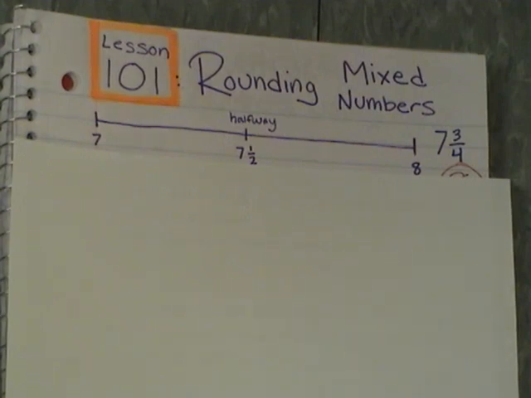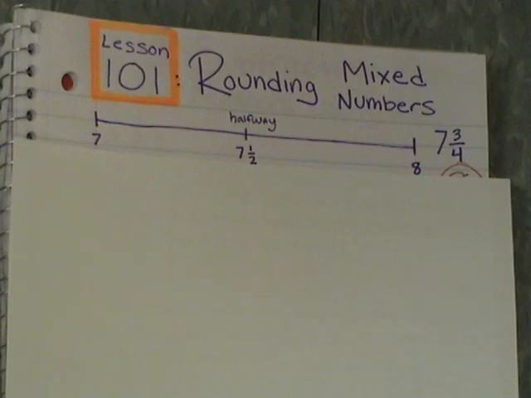The way you do this is you always look at the denominator of the fraction part. If I look at it, it's a 4. So I would need to split my 4 in half, which is 2. A fraction with a denominator of 4 that is equal to 1/2 has a numerator of 2. So 2 over 4 is equal to 1/2.